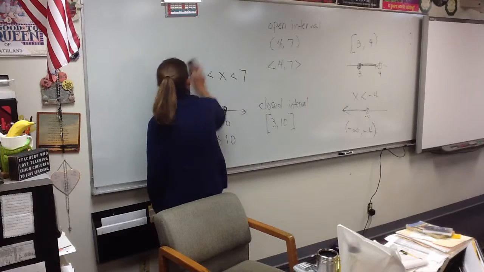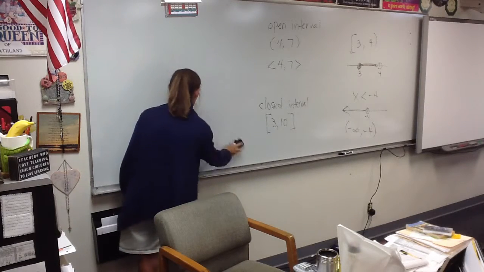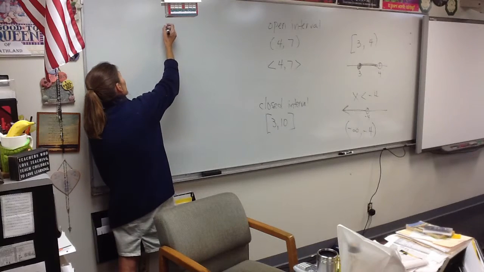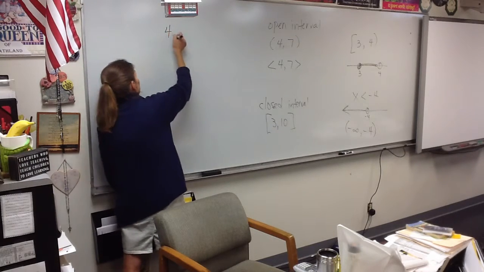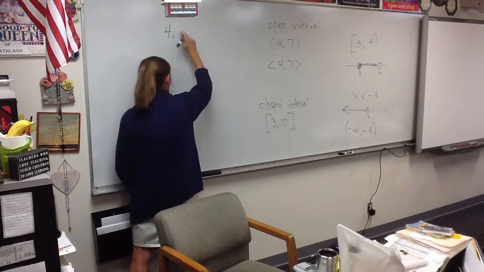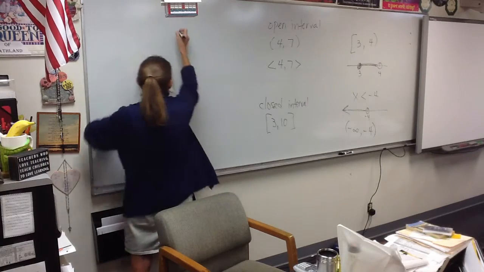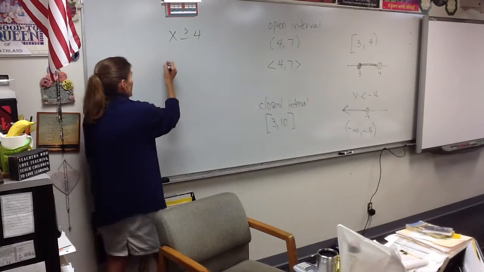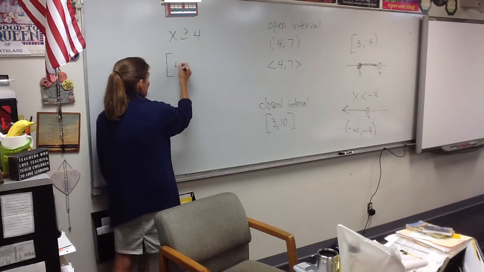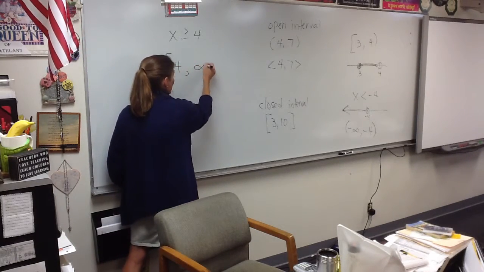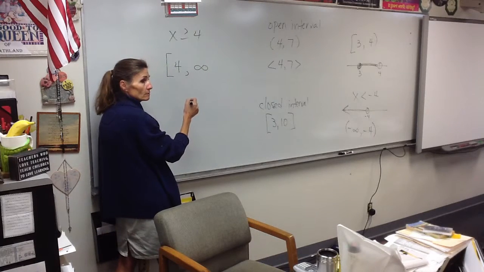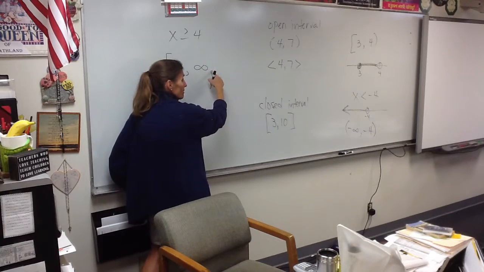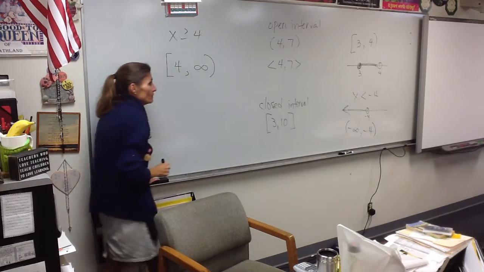Now, one technical point. And remember, sometimes Mrs. Ford doesn't get to make the rules. Sometimes I have to follow the rules that are established by other mathematicians. If we had this, let's say, I don't think it's too much for you to think this is going to be 4, comma, positive infinity, right? But that symbol right there is always open.